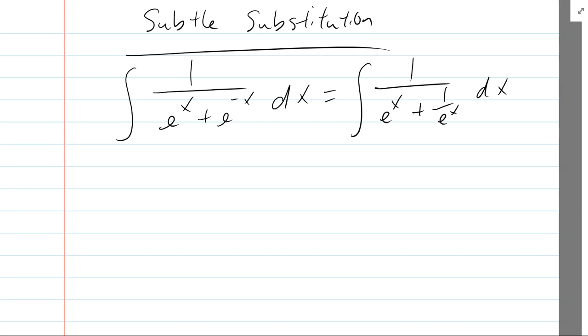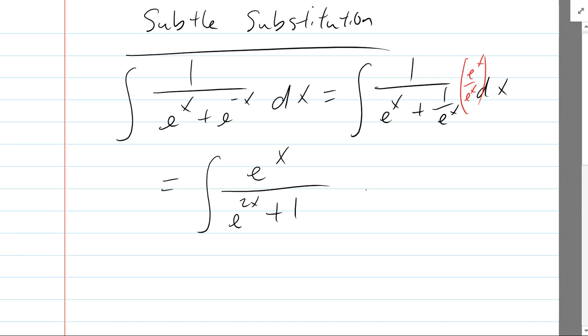It bothers me. So I'm going to multiply by e to the x over e to the x. Did I just multiply by 1? Remember, we've been doing this for a while now. So that equals the integral of e to the x over e to the 2x plus 1 dx. Do we agree?